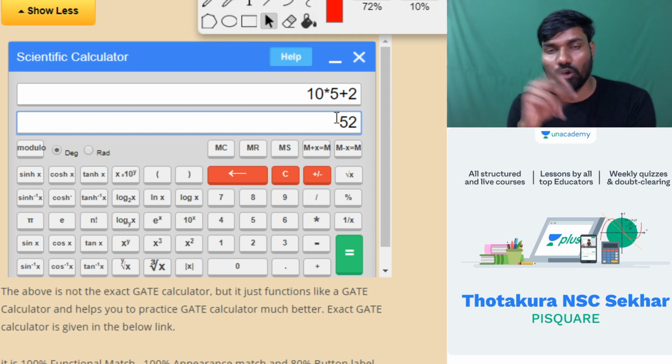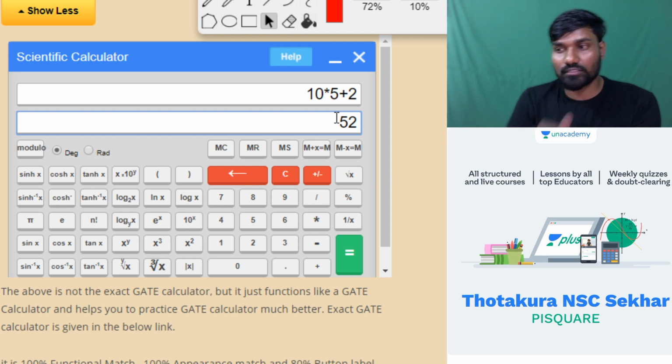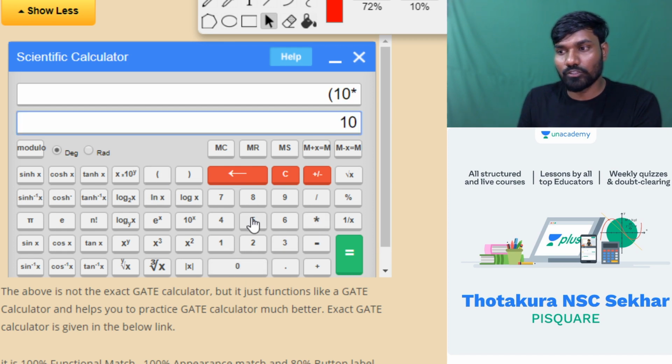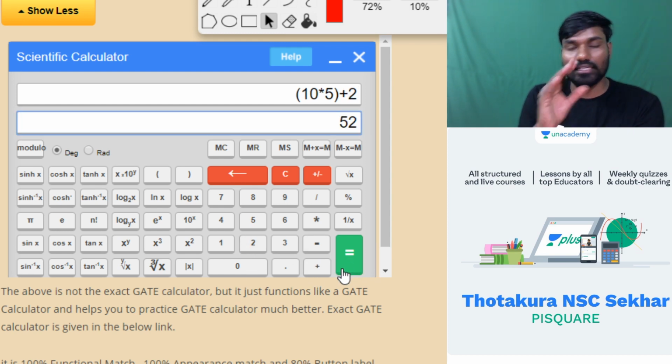That will help you a lot. So open the bracket, 10 into 5, this is the initial result, plus 2, equal to, at least twice. 52 is the answer.